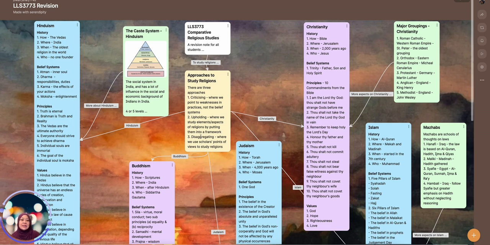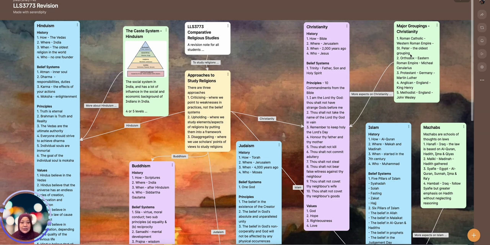Now, let's go a little bit on the major groupings for Christianity. So we have 5 major groupings, basically. We have Roman Catholic, the origin, Western Roman Empire. It is at St. Peter's, in the Vatican City.